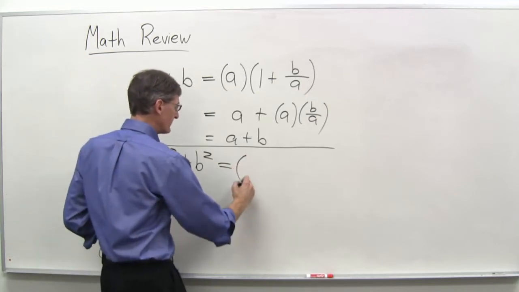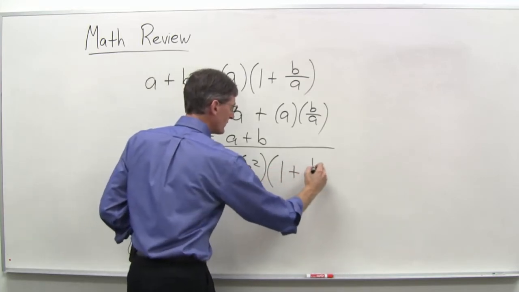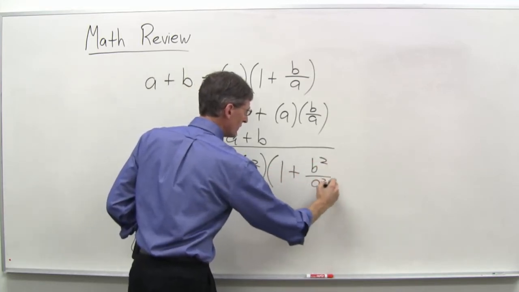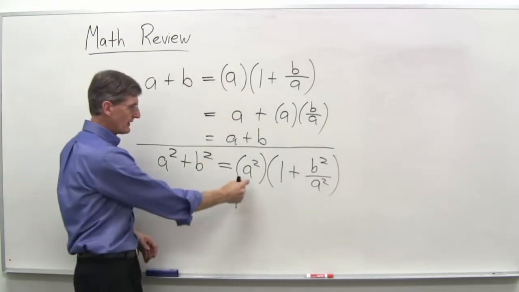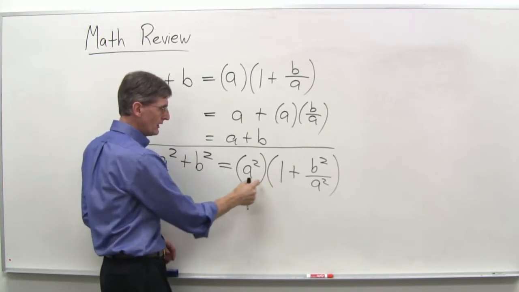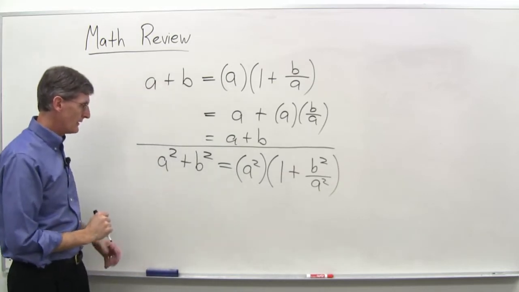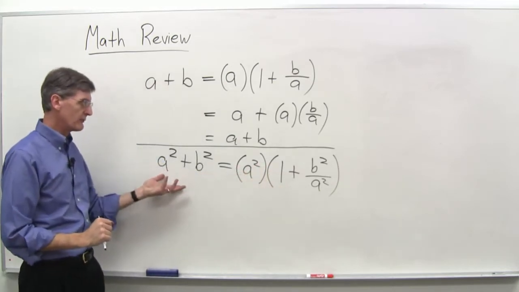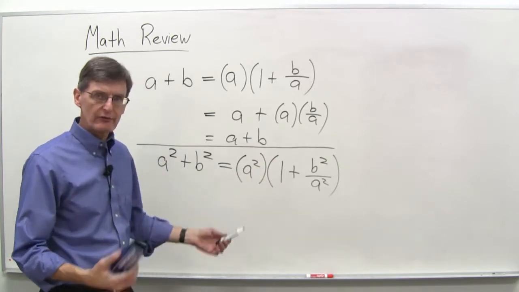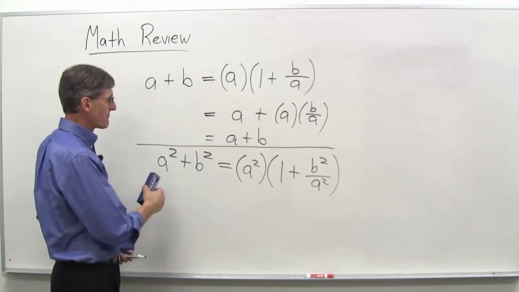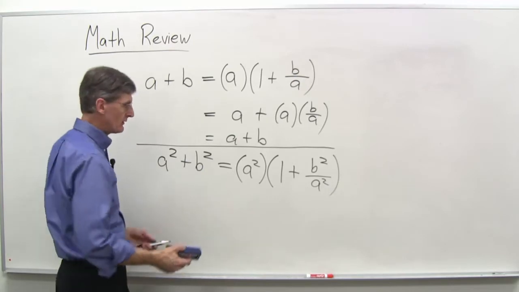We'll write this as a squared times 1 plus b squared over a squared. Okay? Because these are equivalent, because I take a squared times 1, that's just a squared, times b squared over a squared. The a squareds cancel, I'm just left with b squared. Even though this looks, why would we want to do this when this is simpler? Well, it turns out in certain cases that will give us a nicer form to see what's going on with the math. Okay, so that's factoring something out to just write something in a different form there.